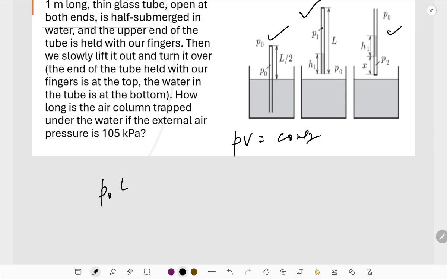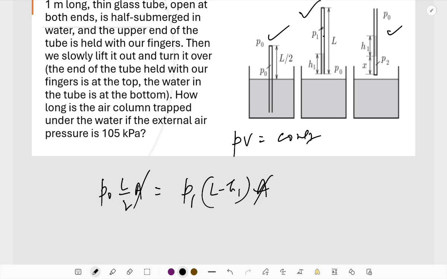This will be P naught L by 2, the pressure into volume into area A, which will ultimately get cancelled out, equal to the pressure in this air column, P1, and its length is L minus H1, and the area gets cancelled out. So I will not mention the area in the next equation, because whenever we write Boyle's law, it will always get cancelled out.